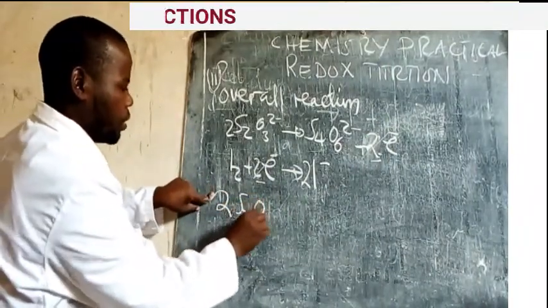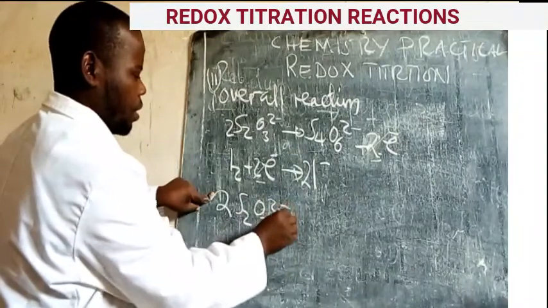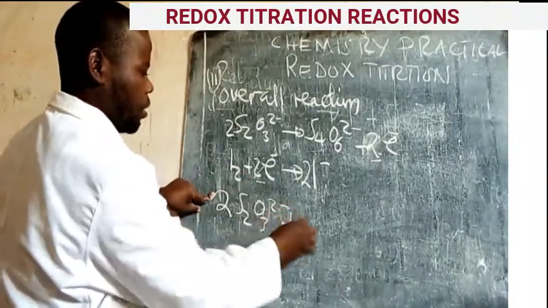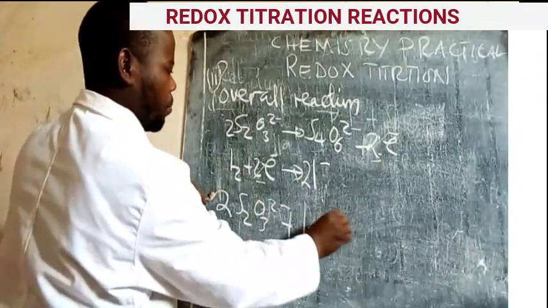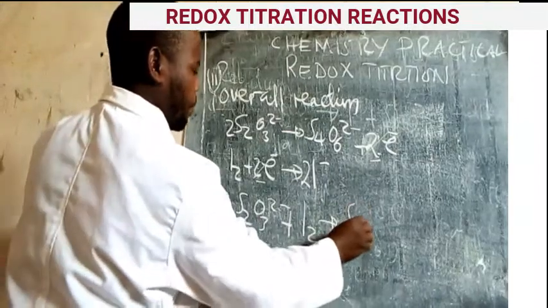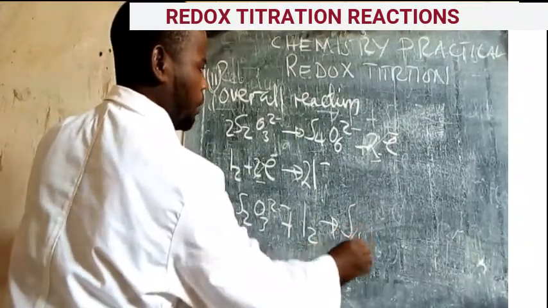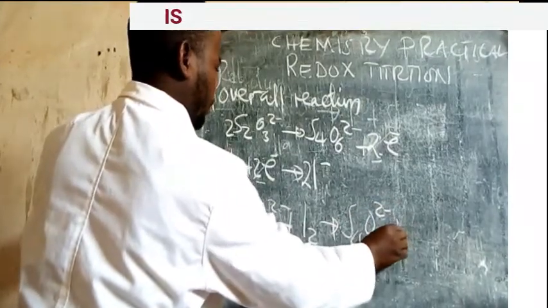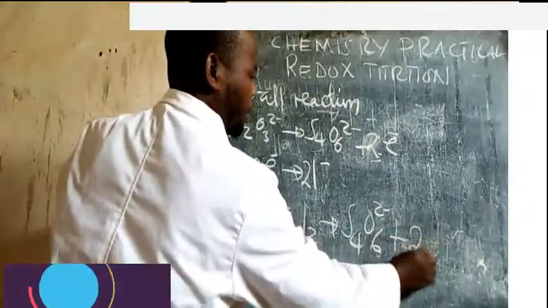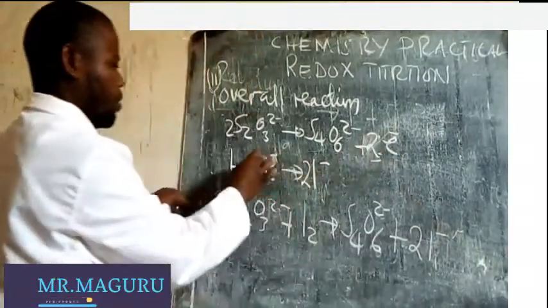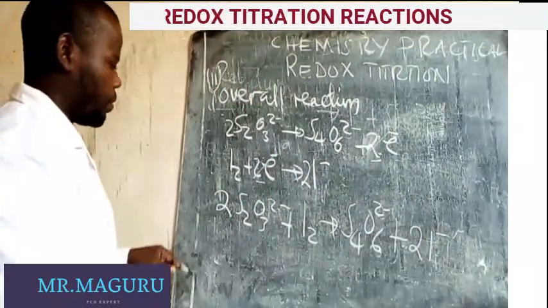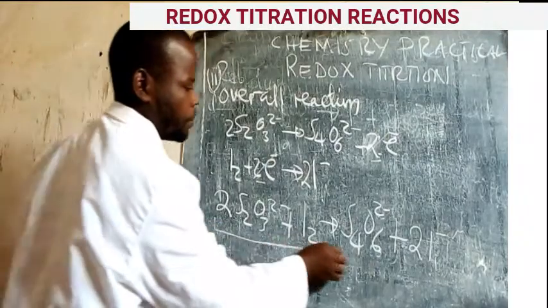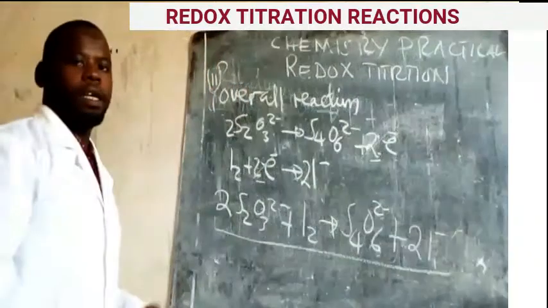So this and this one will cancel, so our value will be 2. This one plus this one, the product will be this one 6 plus, this and this one cancel. So this is overall for the second reaction.